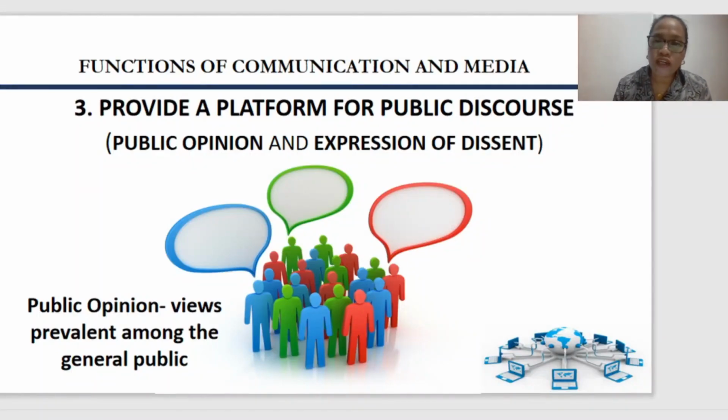Third, communication and media provide a platform for public discourse. That's the reason why you could see a lot of groups exist in social media, right? There are groups for supporters of a particular politician. There are groups for public officials, for teachers, for students, for friends, right?